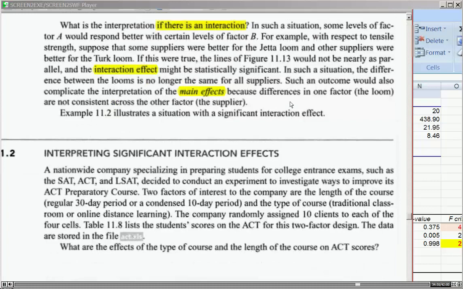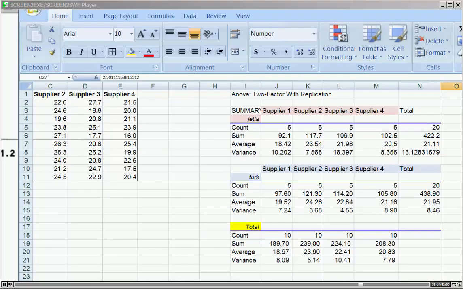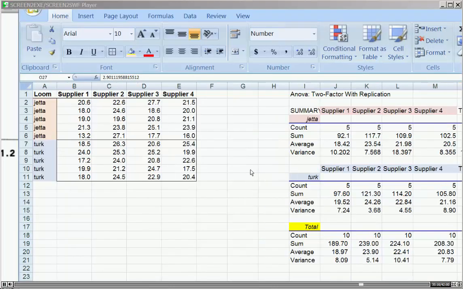Okay, they promised us the values for the means, but we'll just calculate them. Let's do this.